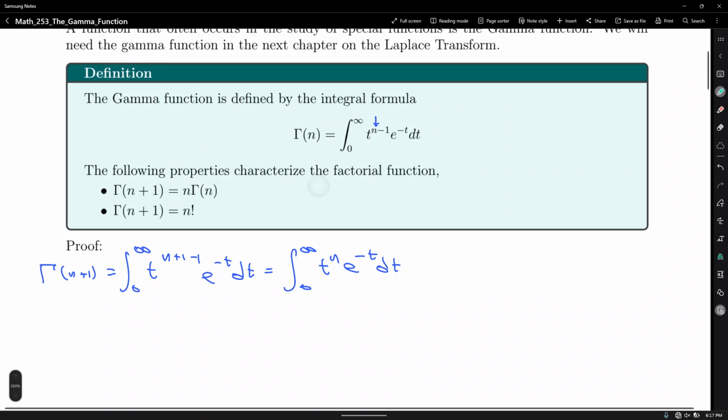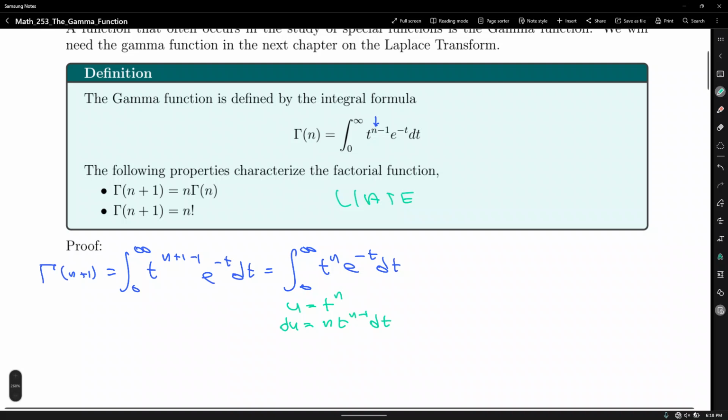How about by parts? Remember LIATE? LIATE is the acronym used to get the first choice of u. Do we have any logarithms? Do we have any inverse trig functions? Do we have any algebraic functions? The t to the n, that's our u. So u equals t to the n. That means du equals n t to the n minus 1 dt.